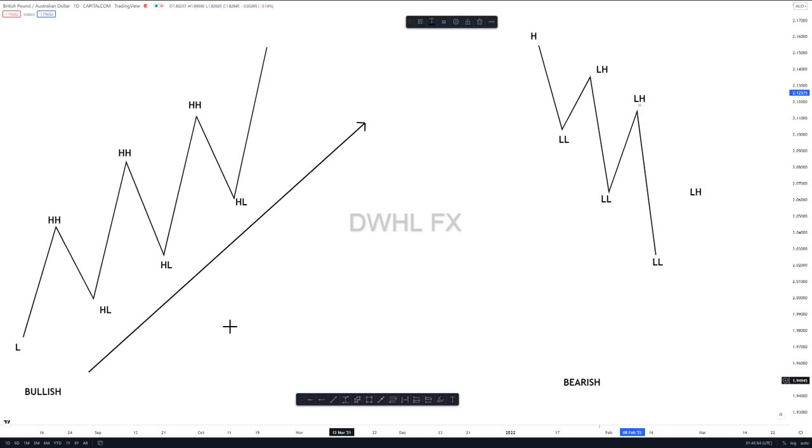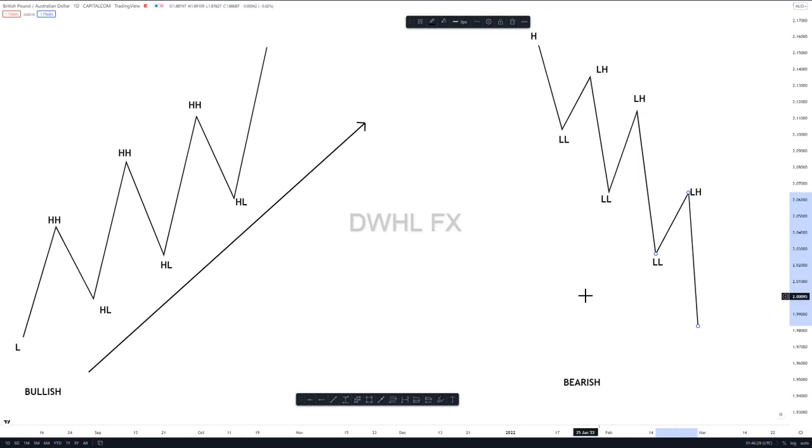And like I said, for the bullish structure, anytime a higher low is created, price will definitely create a higher high. So anytime for a bearish structure, anytime price creates a lower high, price will definitely create a lower low.